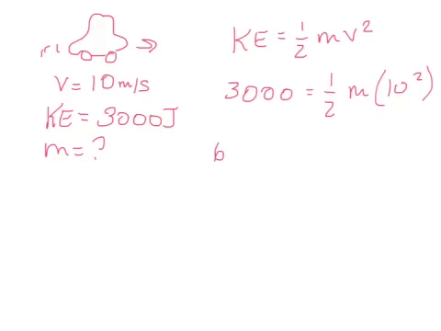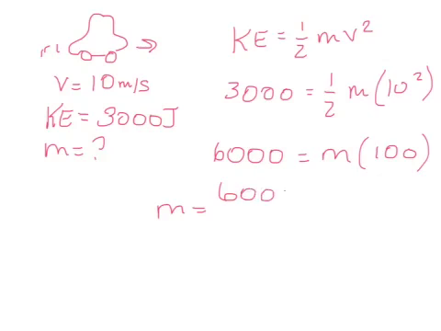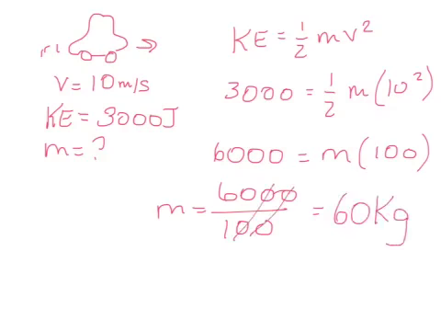That gives us 6,000 equals mass times 10 squared, which is 100. So that means mass is equal to 6,000 divided by 100, which is 60 kilograms. So our car has a mass of 60 kilograms.